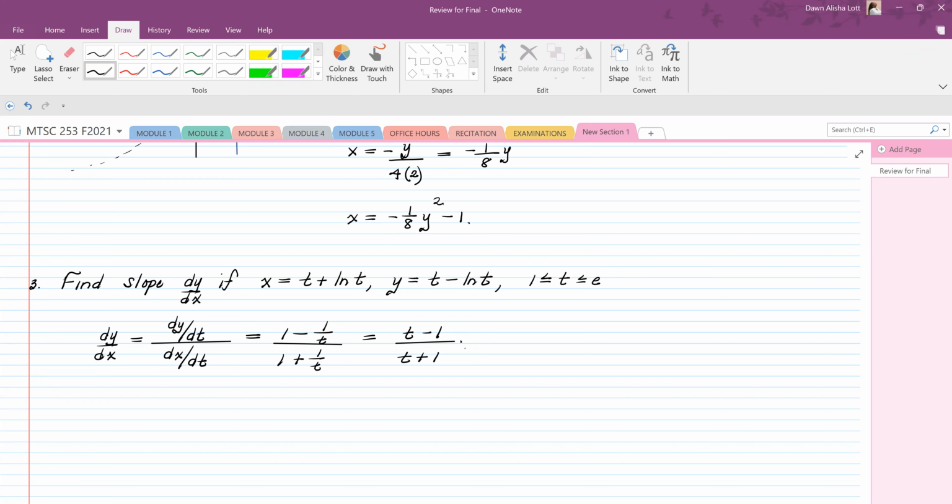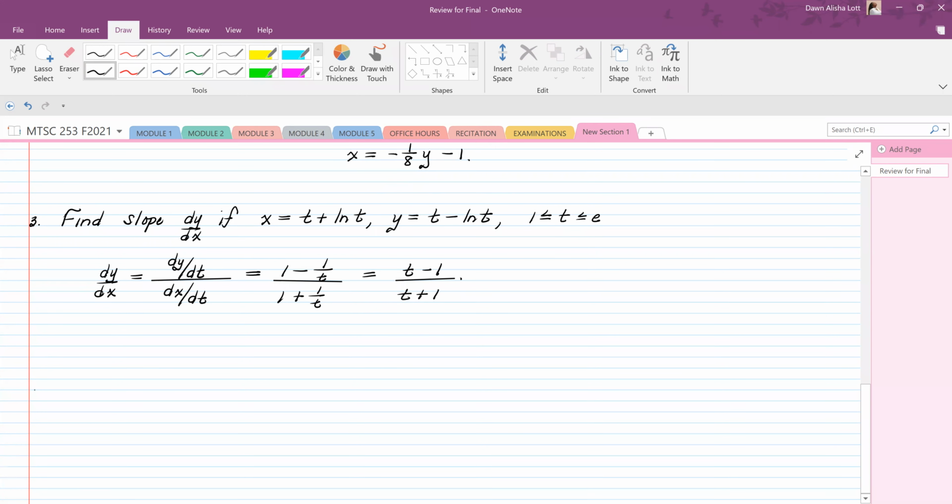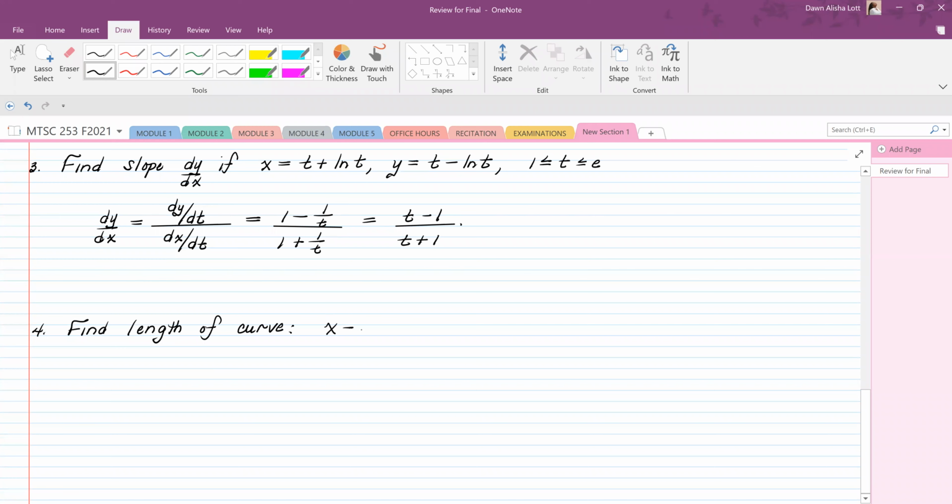Mhm. So it says find the length of the curve defined by x is equal to e to the t minus t, y is equal to 4e to the t divided by 2, so 4e to the t half, and -8 is less than or equal to t less than or equal to 3.